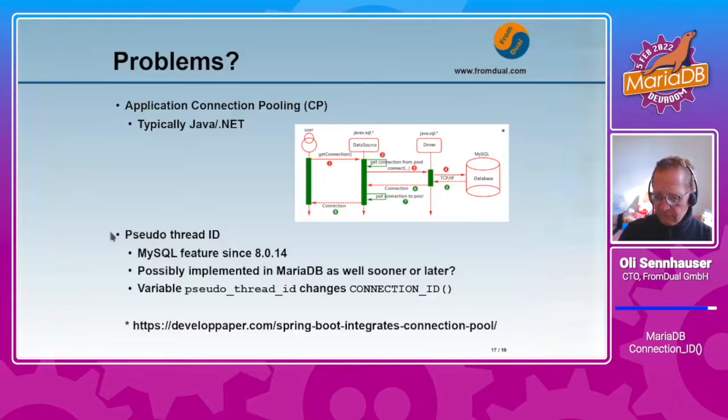I did not yet find out what the use case of this variable really is, but maybe other people know better. This variable, pseudo_thread_id, can be changed and it will influence the connection ID. So if you mess around with this variable, the numbers of your connection ID are probably not correct anymore, or not what you expect anymore.